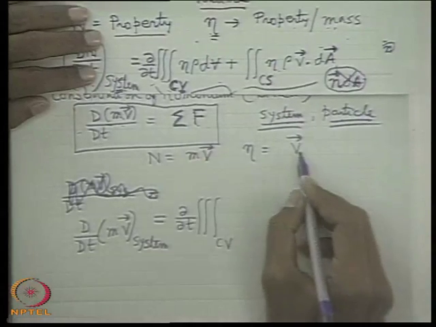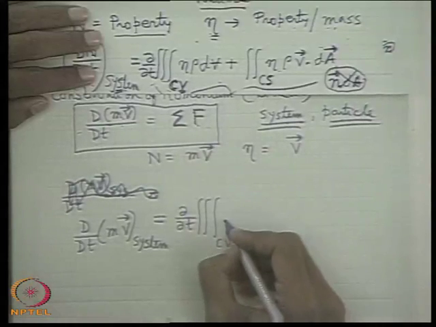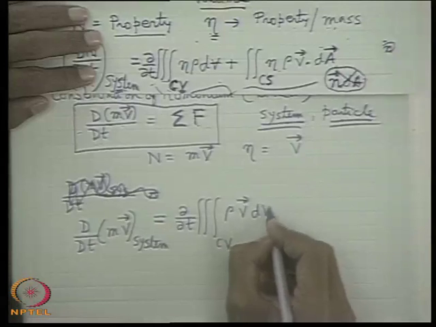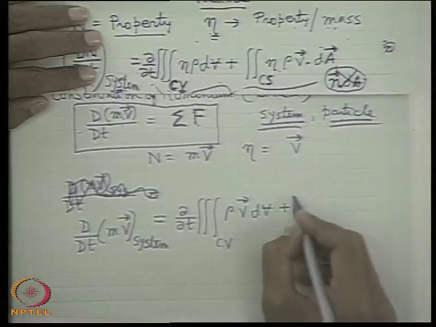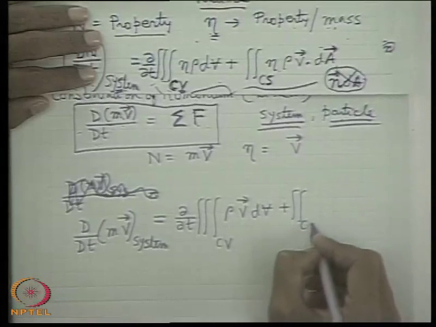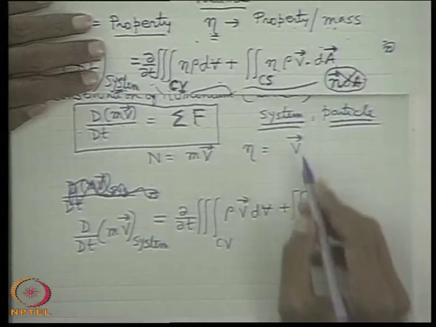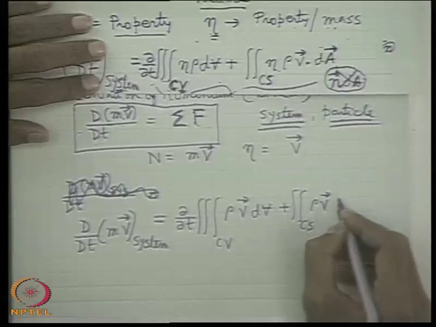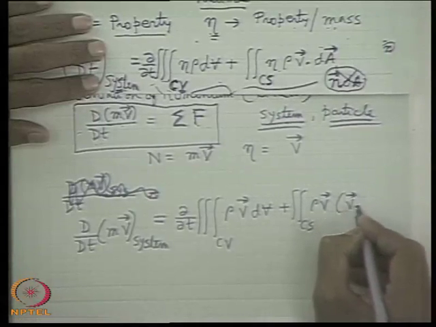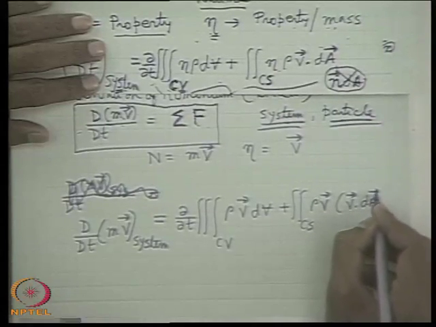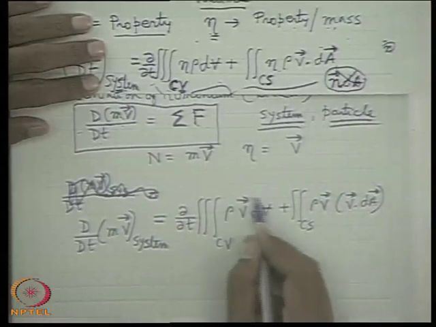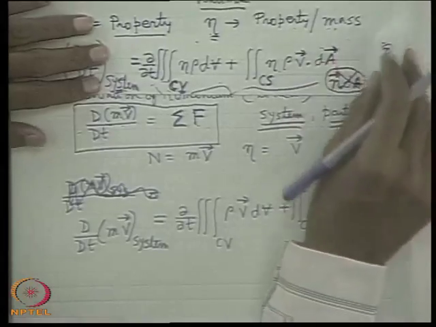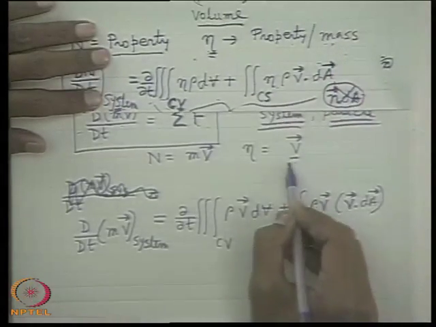For the control volume, eta is v, so we can write the integral of rho v dV, plus, please ask me any problem, for the control surface, eta is v, so rho v, v dot dA. This is a vector and this is also a vector, so this becomes a scalar, v dot dA. Simply I am writing this equation with the value of eta as v.